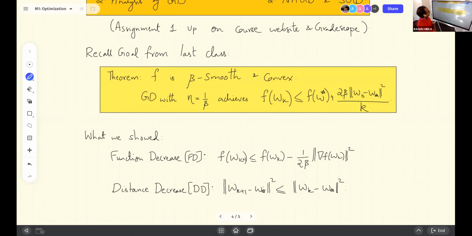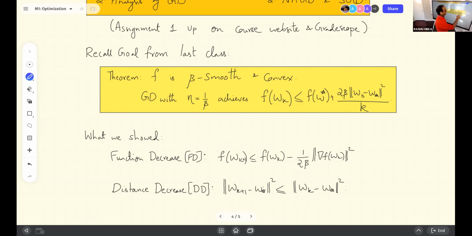So recall our goal from last class was to show a very nice bound on optimizing convex functions. In particular, we said we're going to show the following. If a function f is beta smooth and convex, then gradient descent does indeed converge to the optimum, and it converges at a very nice rate of 1 over k.